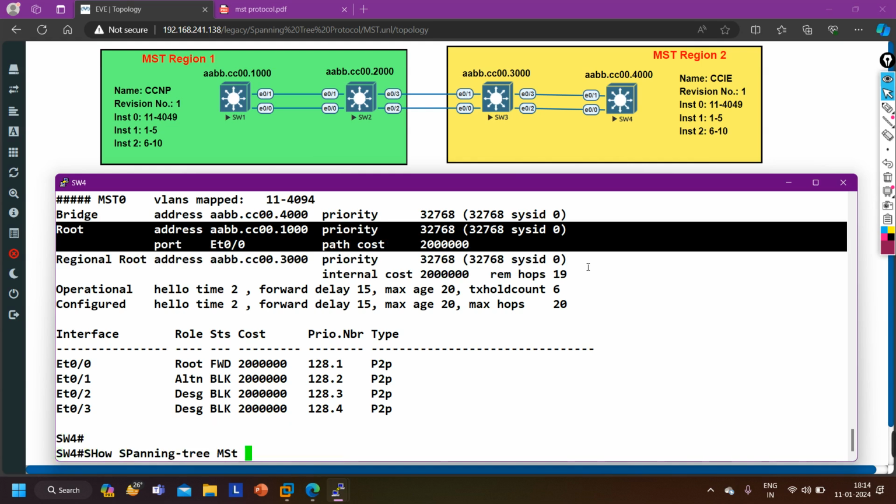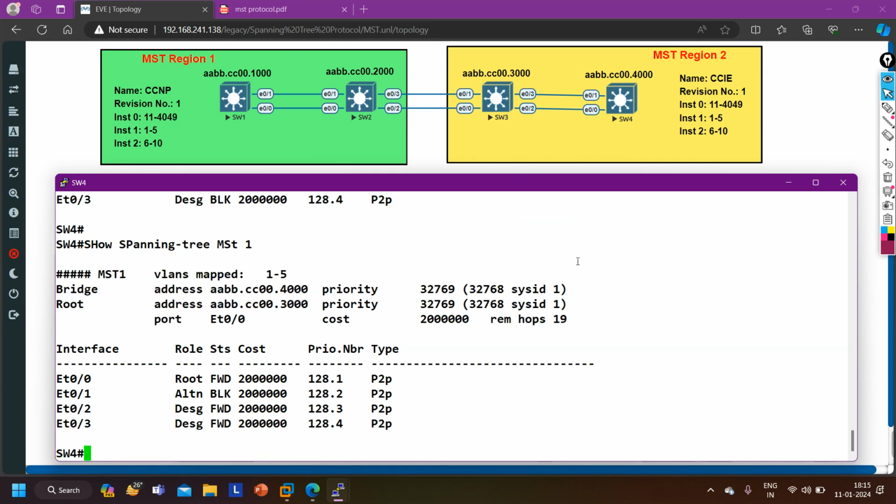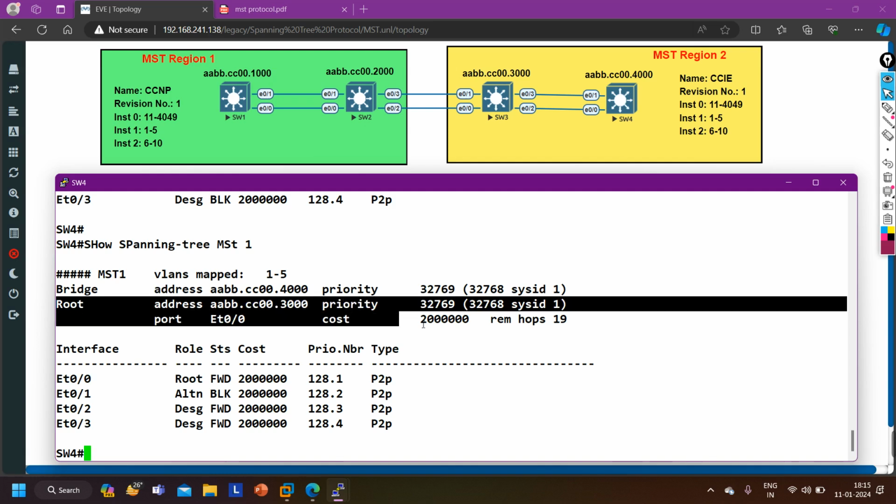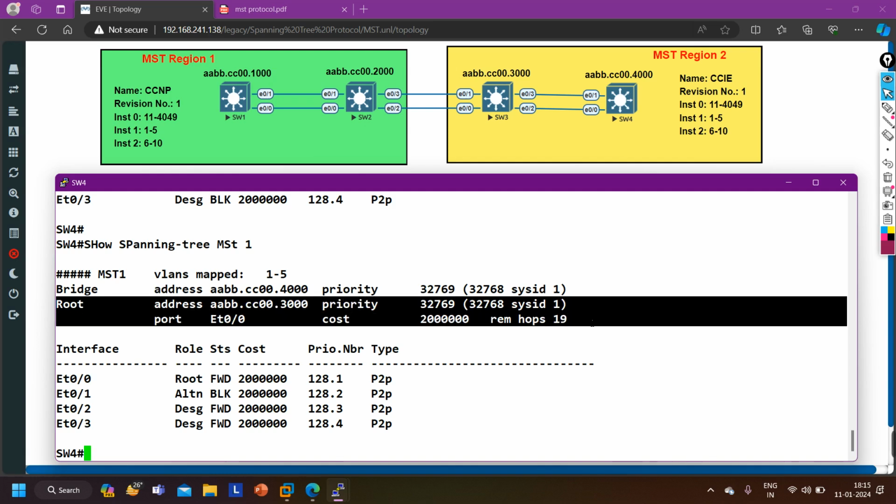In the same way, for instance 1, you can see we don't have the CIST here. We have only the root bridge. This is regional root bridge information.